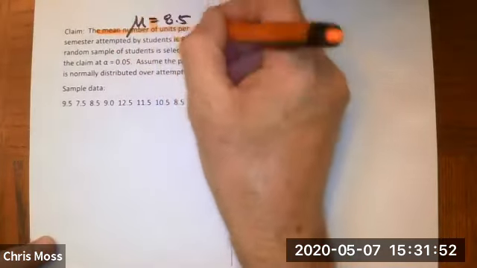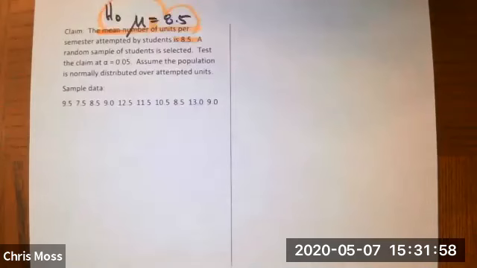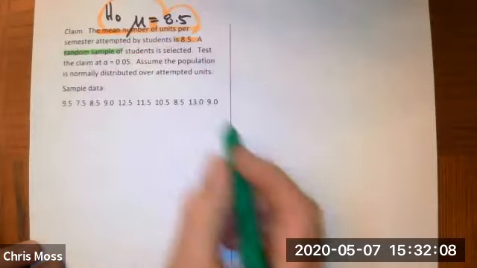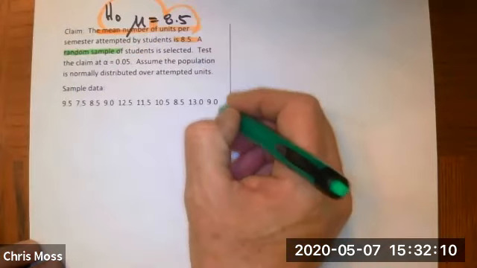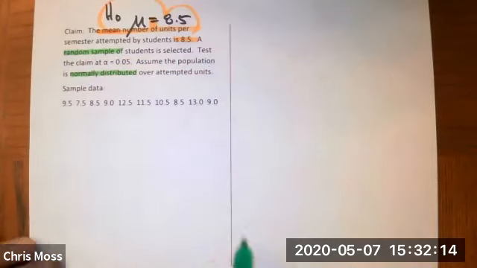The statement here contains equality. This is my null hypothesis. Now, I've got a random sample. And even though the sample is rather small, I am told that it is normally distributed over attempted units.